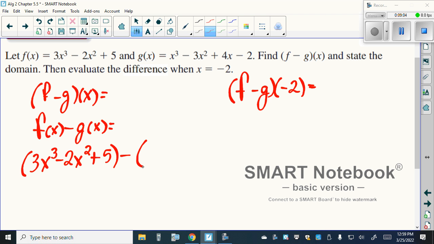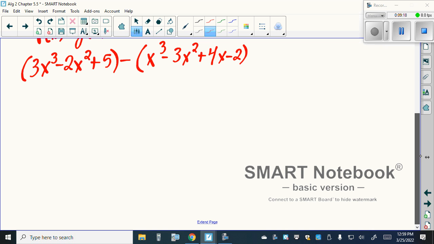Now we can go on and plug in the function g of x. And our g of x function is x cubed minus 3x squared plus 4x minus 2. And once we plug those in, we can go on and just start simplifying and combining like terms.